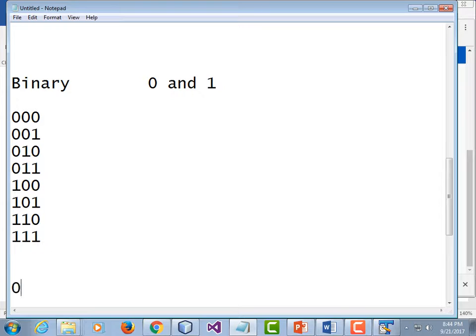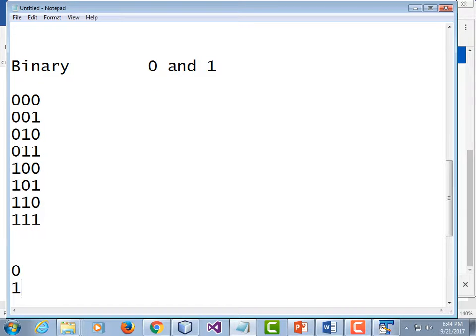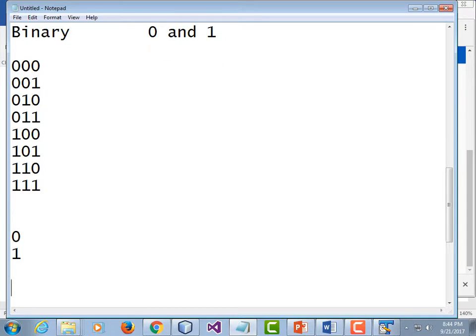So if we look at it, if we only have 1 bit, a bit is a place in computer memory that can either be on or off. It either has some electrons in it indicating that it's on, or it doesn't have any electricity in it, meaning that it's off. If you only have 1 bit, you have 2 possible values.